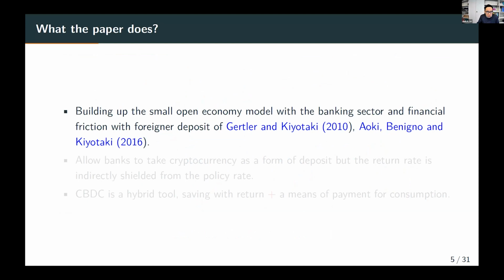So what does this paper do? First, I build a small open economy with a banking sector, financial friction, and foreign deposits, or foreign debt, depending on the terminology.